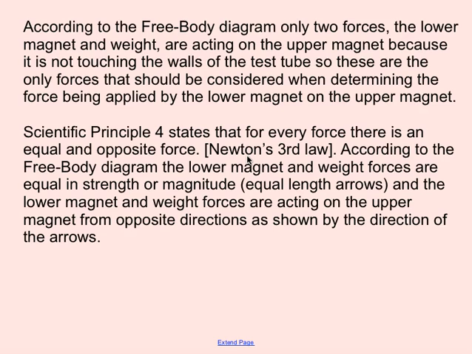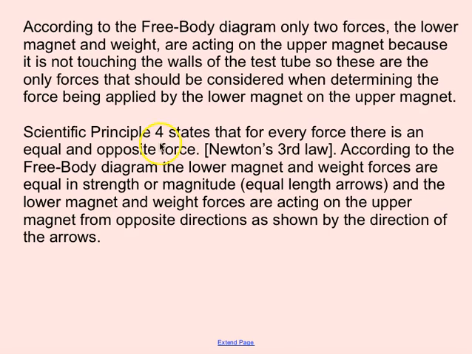It's not necessarily talking about two separate forces, such as gravity pulling you down. And so gravity is pulling the magnet down. Well, the weight of that upper magnet is also pulling up on the earth. That's where principle number 4 really comes into play. But if you used it and you explained why, yeah, I'm not necessarily going to mark it wrong.